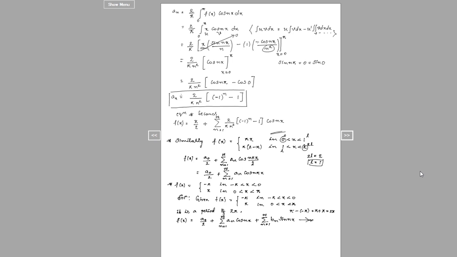Name this as equation star. Now we shall find out a naught, an and bn. We require to find all three constants a naught, an, bn.